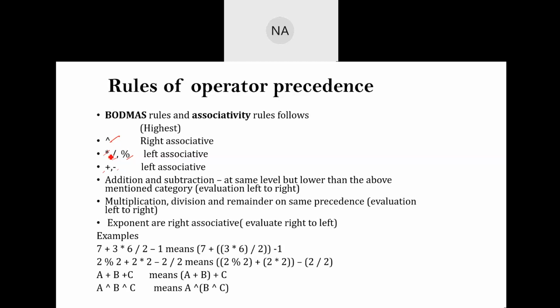After that we have multiplication, division, and the modulo operator, and after that we have plus and minus. So addition and subtraction are at the same level, multiplication, division, and remainder are also at the same level, and exponents are at the highest level.